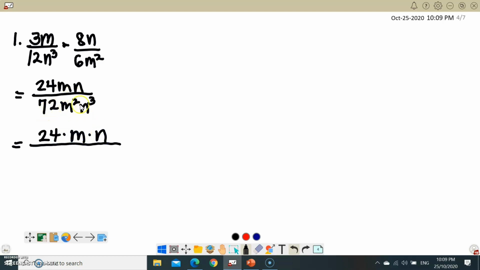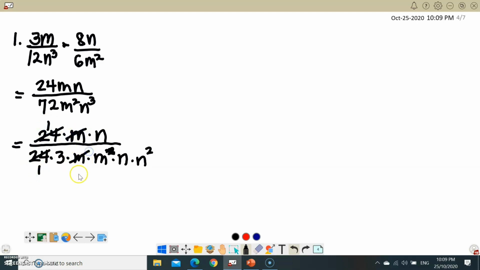How about 72m squared n cubed? So factors, we have 24 multiplied by 3 multiplied by m multiplied by m times n squared. Okay, so we cancel 24 and 24, the quotient is 1.